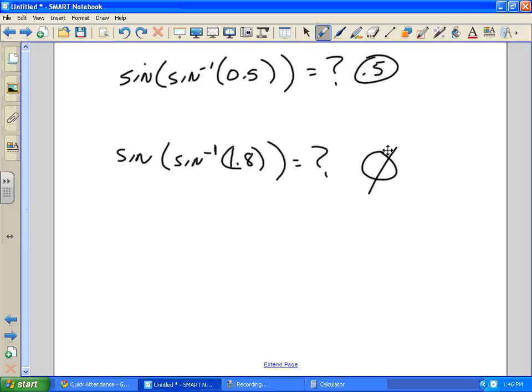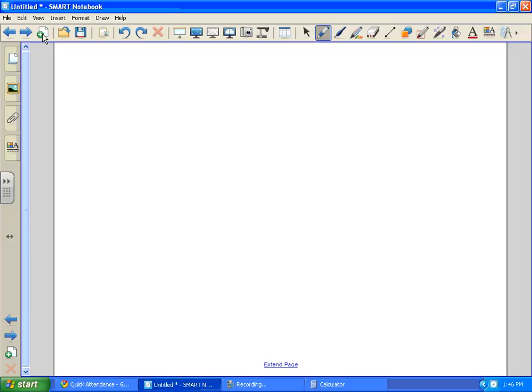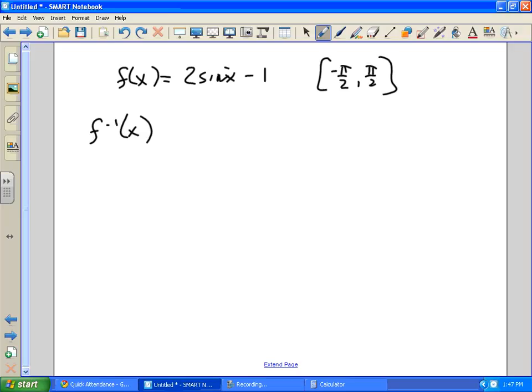Find the inverse function. Nice. Here we go. Now it gets a little squirrely. Okay, so I want to find f inverse of x.